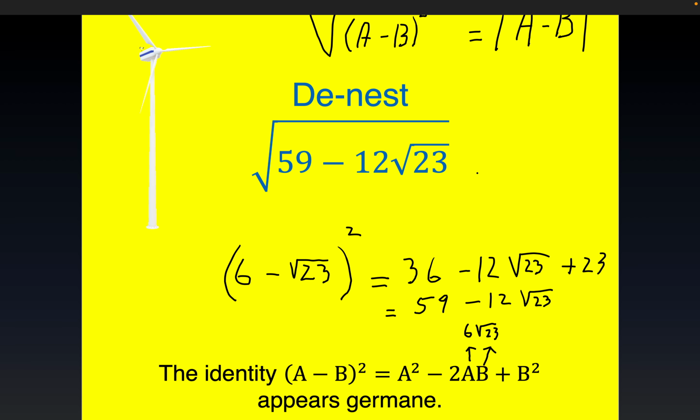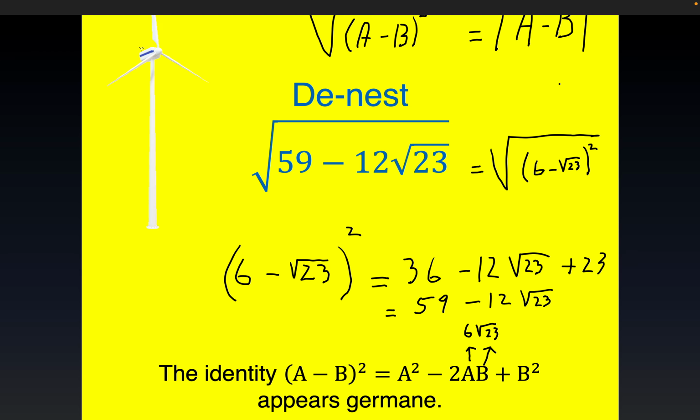So what we have right here is that this would be equal to the square root. We've just shown that this is that, so we can put 6 minus the square root of 23 quantity squared. Now up here, like I told you, this is equal to the absolute value of a minus b.